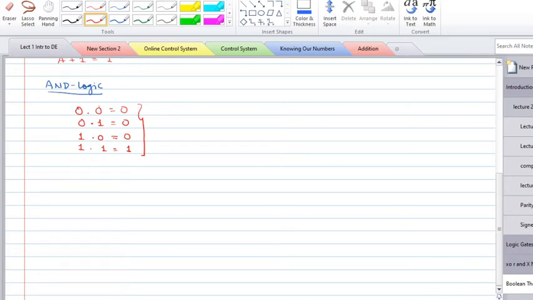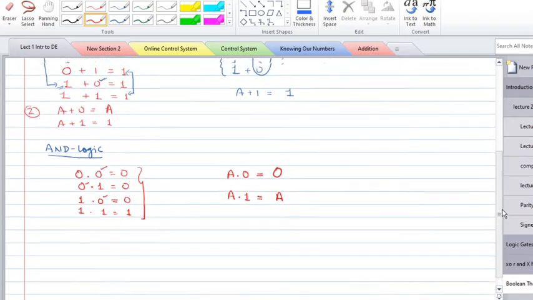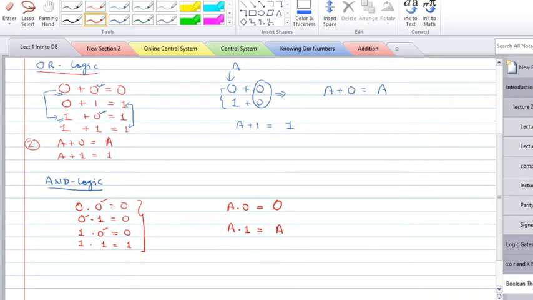If we AND a 0 with a variable a, then it results in 0, and if we AND a 1 with a variable a, then it results in a. Okay, see the difference here, that if we OR a variable a with 0, then it results in a.